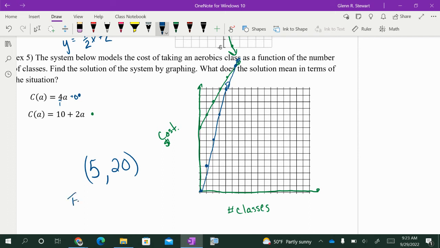So for 5 classes, the cost at either gym is $20. After that, if you decide to take a 6th class, you might want to check and see which one's going to be a little bit cheaper. But for at least 5 classes, they should both be the same.